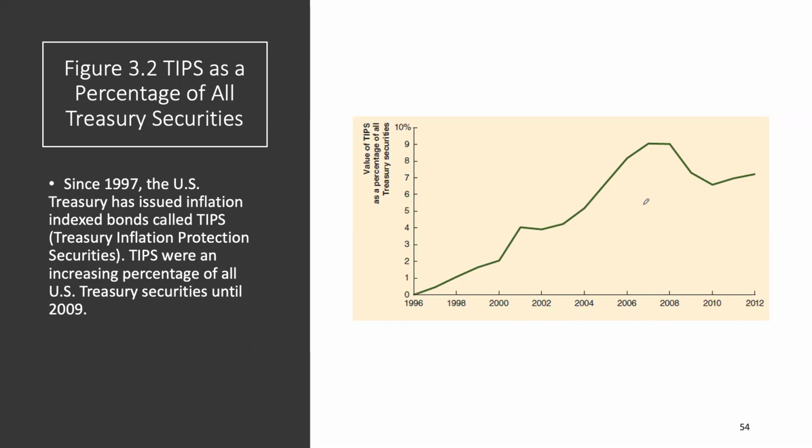These are Treasury Inflation Protected Securities, which are basically treasury bonds indexed to inflation. So the interest rate on these bonds is pegged to inflation. If realized inflation is higher, then the interest rate on these bonds goes up, and if the inflation rate trends lower, then the interest rate is automatically adjusted down. So you can protect yourself.